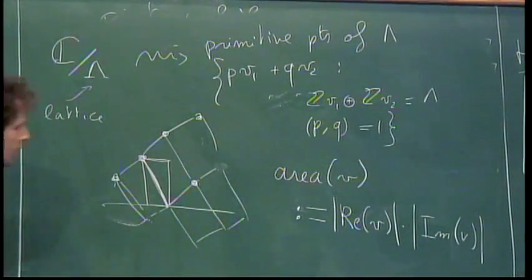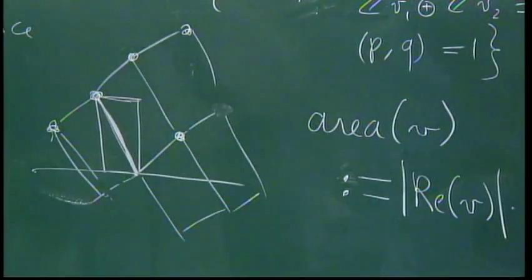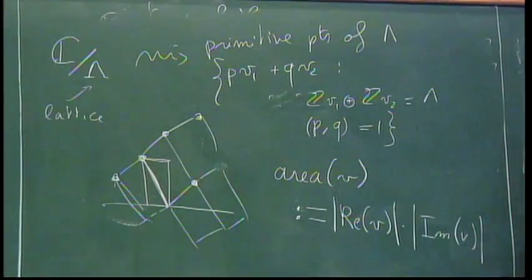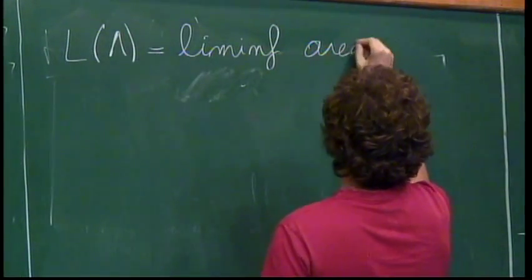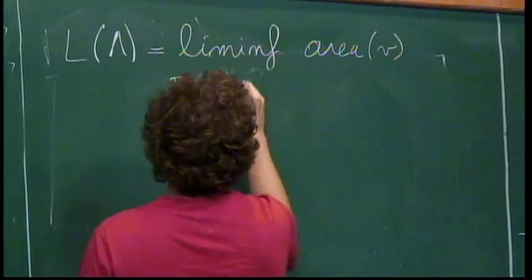And with that, you can define the Lagrange constant of your torus. So let's say L of lambda is the limit, as n goes to infinity, of, no, not n, of the area of V as the imaginary part of V goes to plus infinity.